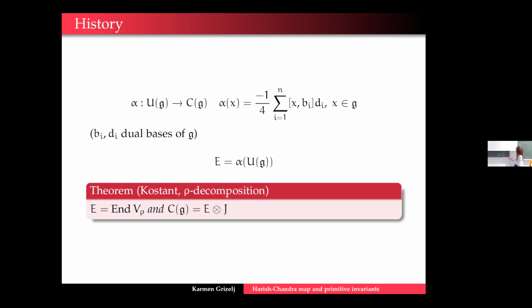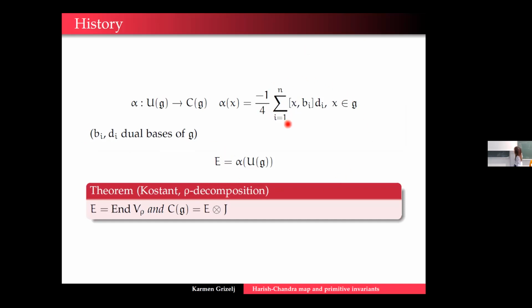And now this mapping alpha, which is like the only complicated mapping I'll be using, is defined in this way. On G, you define it with this formula.